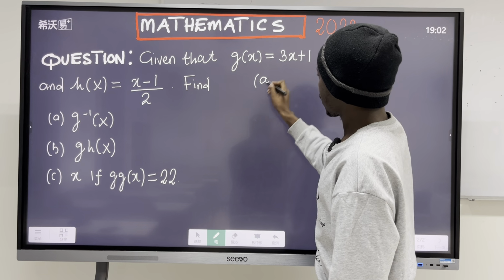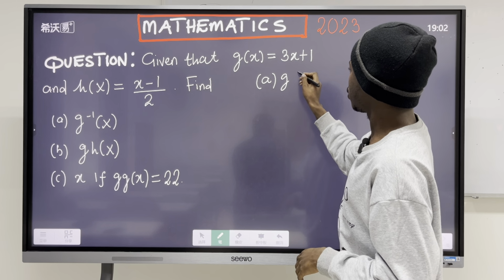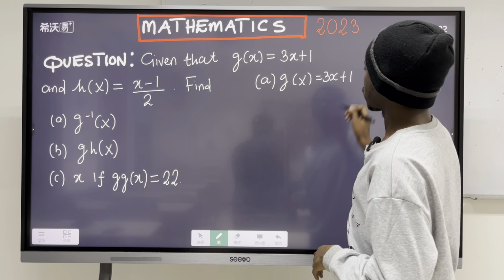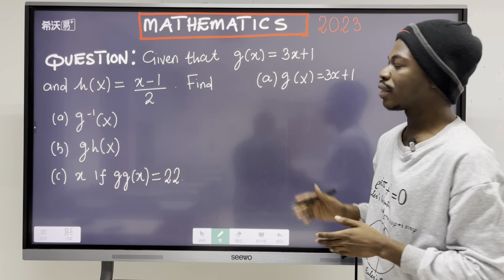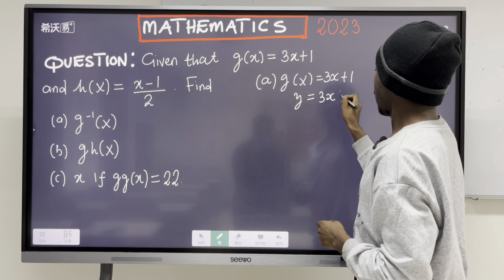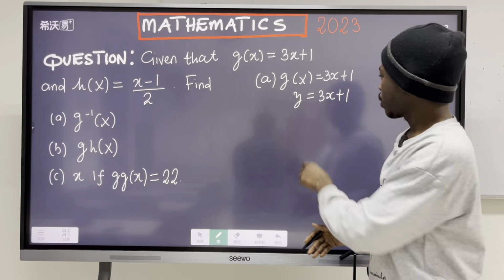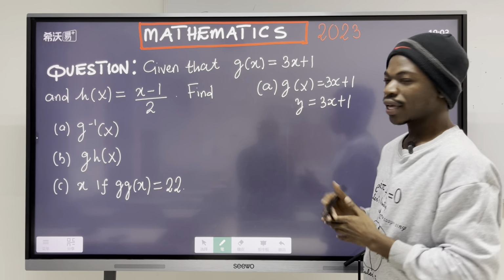So part A, we are finding the inverse of function g. First of all, we know that function g is 3x plus 1. The first step, where there's g of x, you put y there. So I'm going to say y is equal to 3x plus 1. That is step 1. Step 2, you're going to make x the subject of the formula.